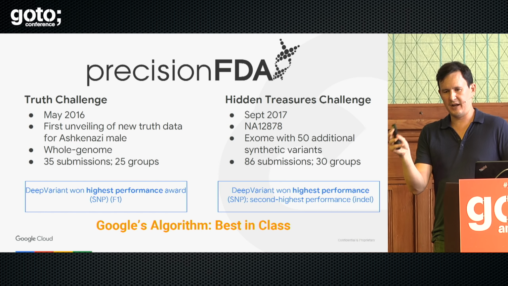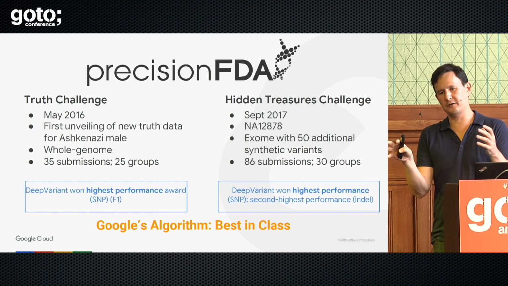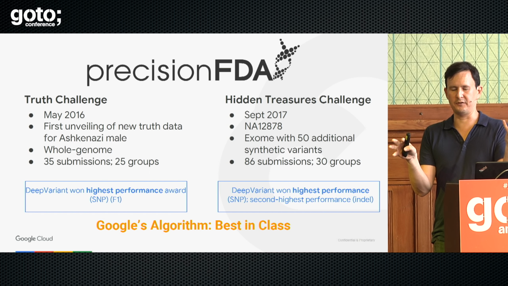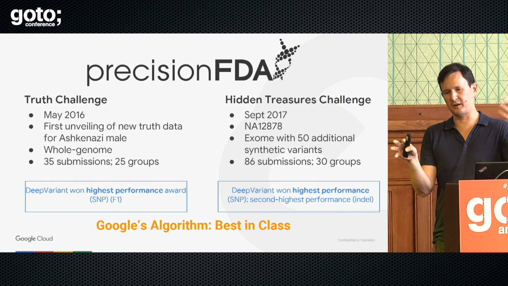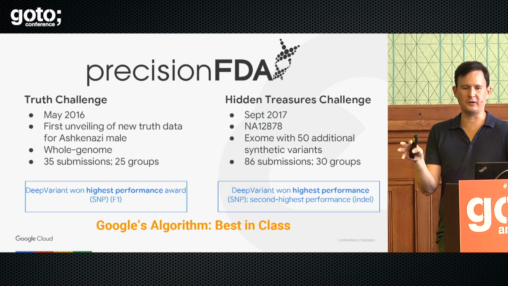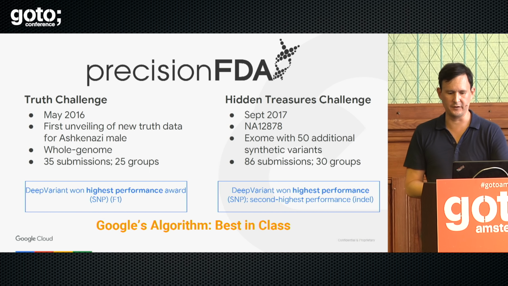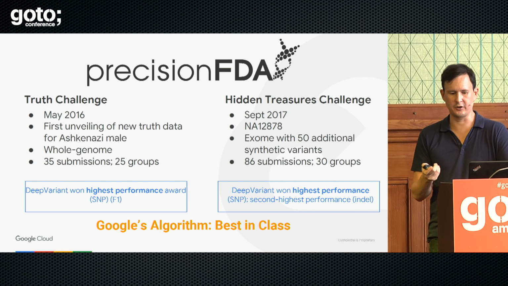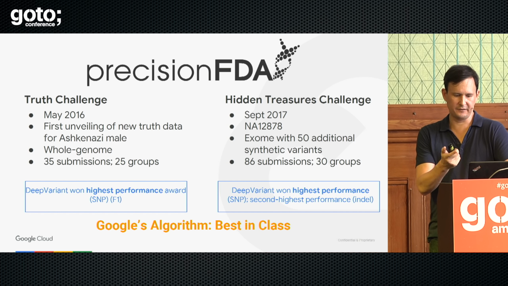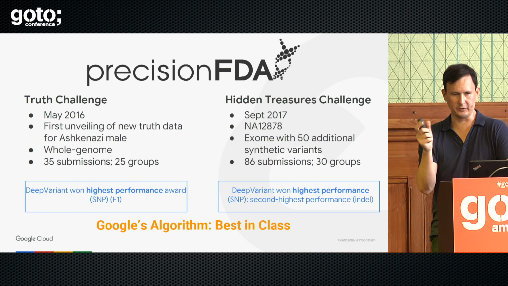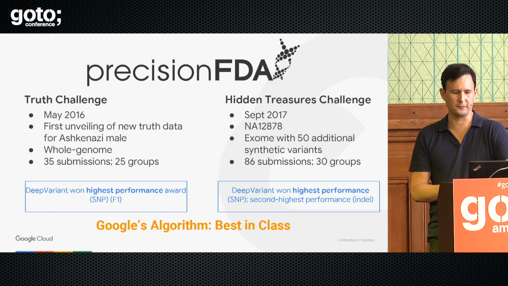That ground truth data was then compared to high throughput sequencing outputs that were processed with some sophisticated computational algorithms to try to identify the variants. And DeepVariant won this competition on identification of locations of variation within the genome. And we got second highest performance on the places where there were some deletions or insertions of additional sequences. You can read about this more on the Precision FDA website if you care.